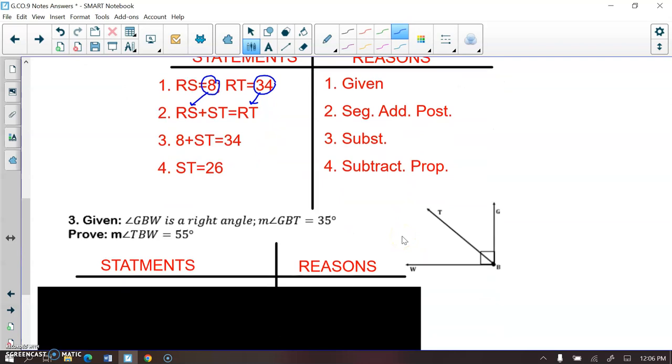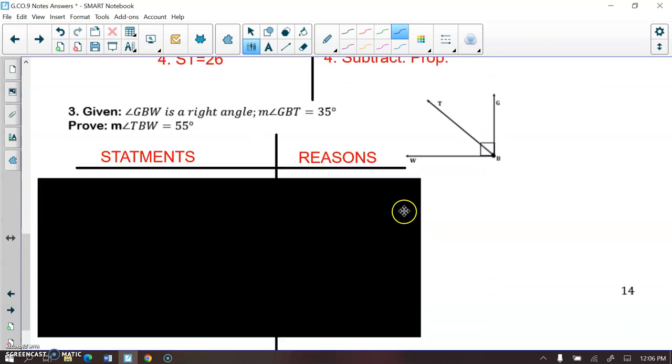All right, looking at number 3, I have angle GBW is a right angle, and I have the measure of angle GBT, which is 35 degrees, and I'm going to try to prove that the measure of angle TBW is equal to 55 degrees, which again makes sense because this whole angle is going to be 90 degrees, but we do need to state that in our proof, knowing that it's a right angle.